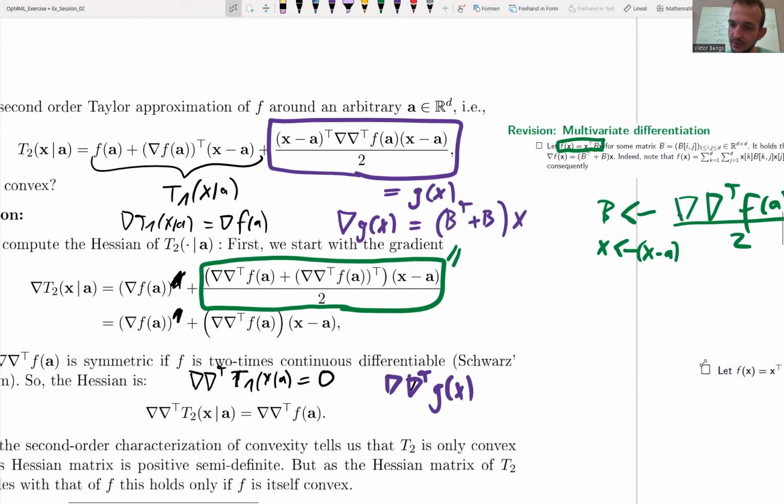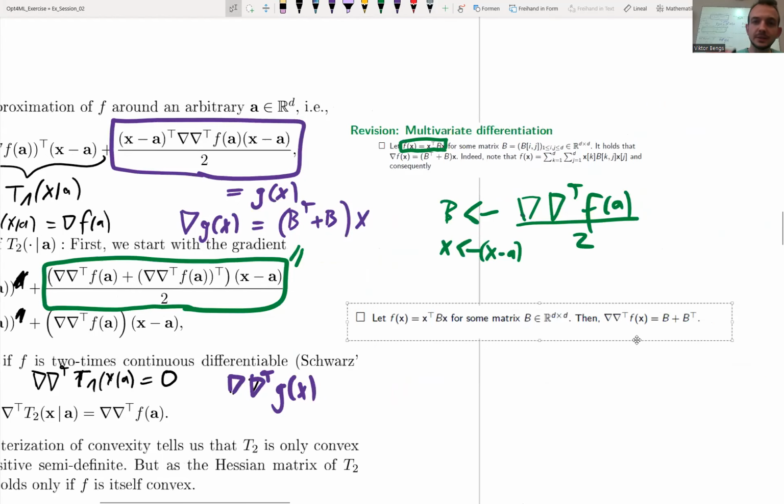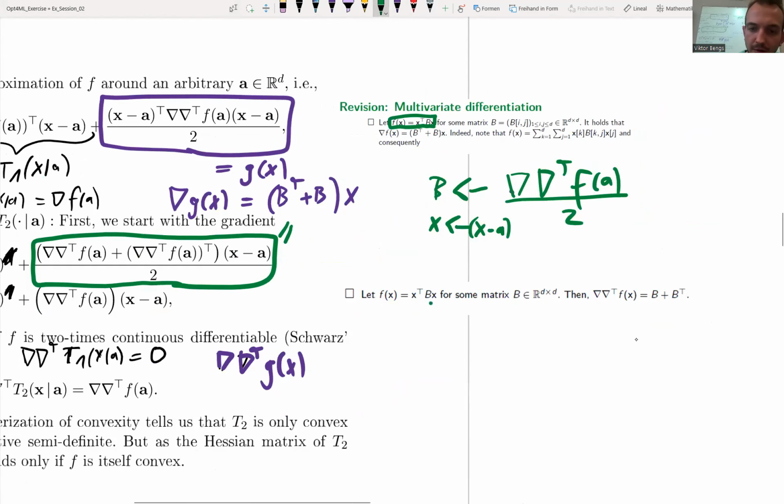So this is still our function g, f of x, with the substitution here, b is equal to the Hessian matrix of f at a divided by half, and the x is also substituted with x minus a. And what we see is that the Hessian matrix of this quadratic form is simply the matrix B plus matrix B transposed.